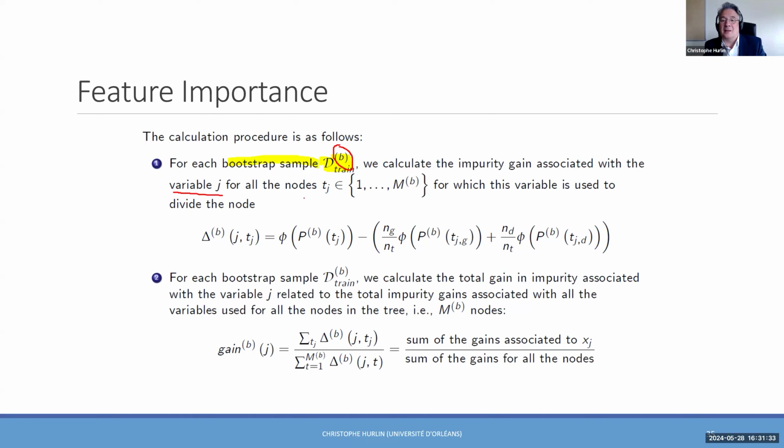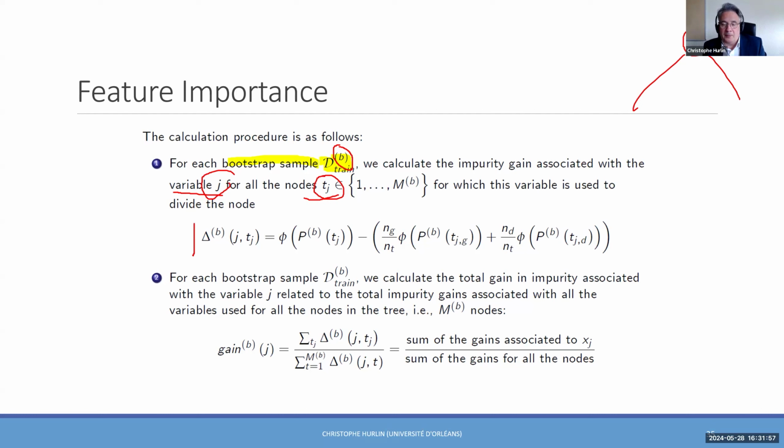Remember that for the age there is also a threshold, for instance in my first decision node I say the age is smaller than 12, whatever. This is why I have a j index and a t_j for the threshold.